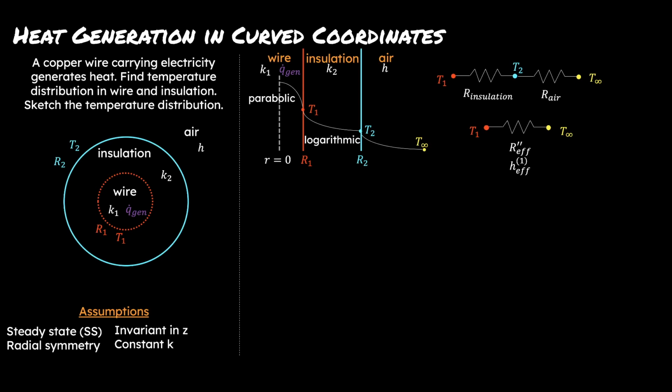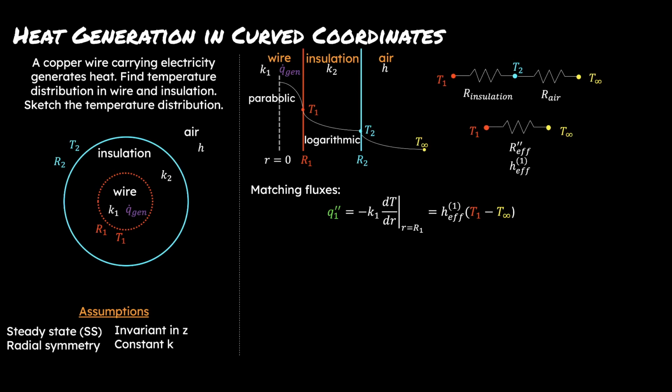And we define here a reference surface 1. We can match the flux at reference surface 1 to the heat transfer that then occurs through the insulation and the air. Q sub 1 double prime, which is the flux at R1, equals minus K1 dT/dr, evaluated at R equals R1.